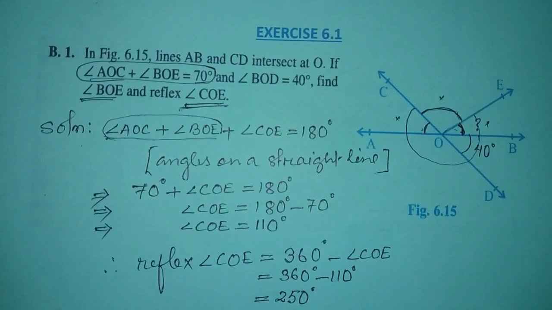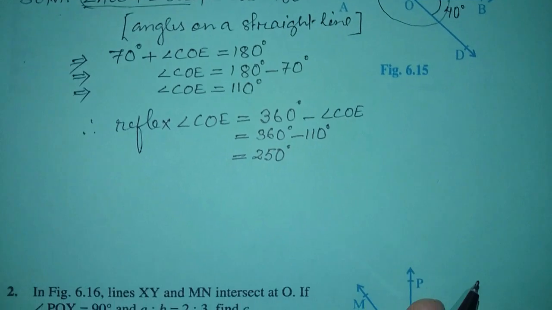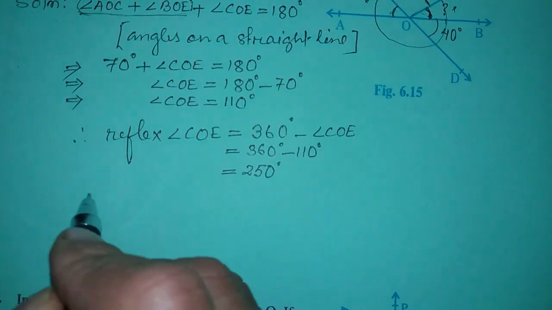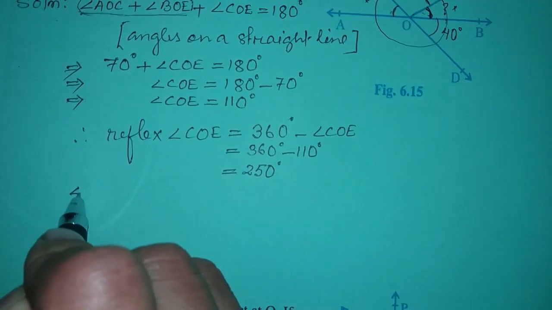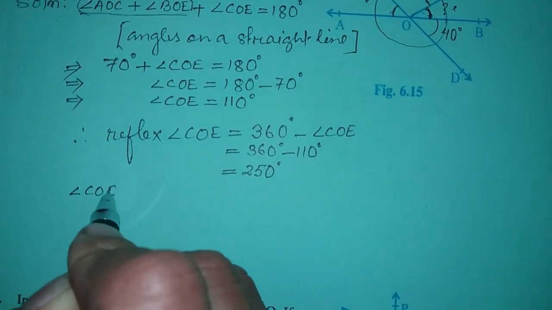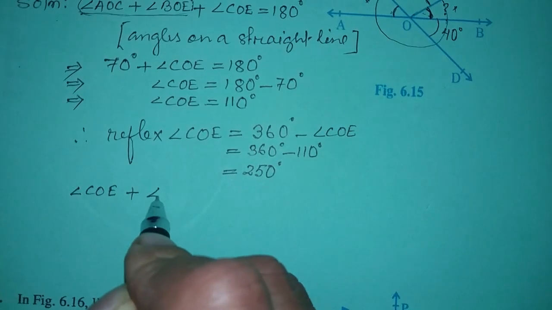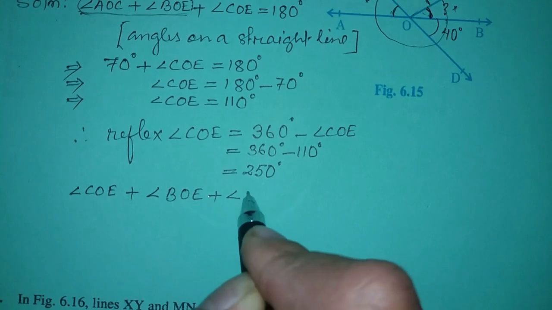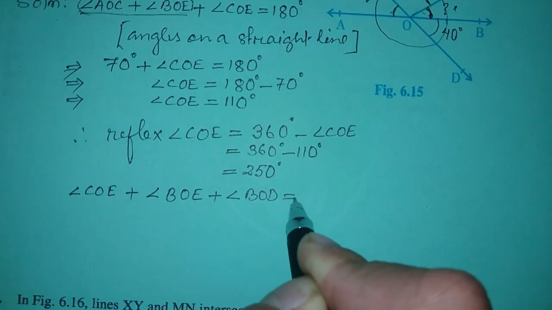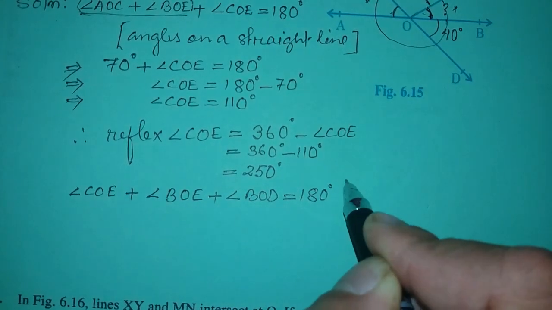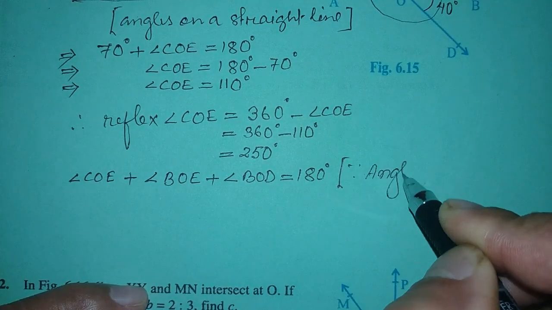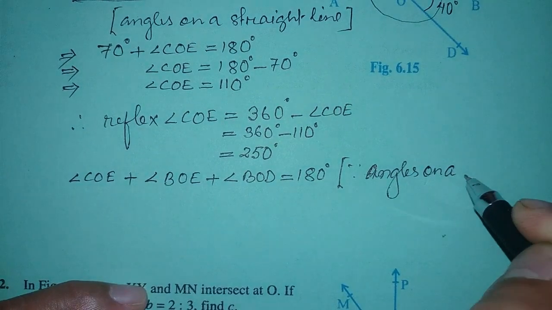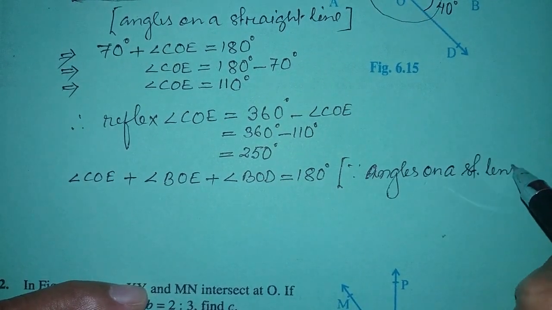So again we will write angle COE plus angle BOE plus angle BOD is equal to 180 degree. The reason is angles on a straight line.